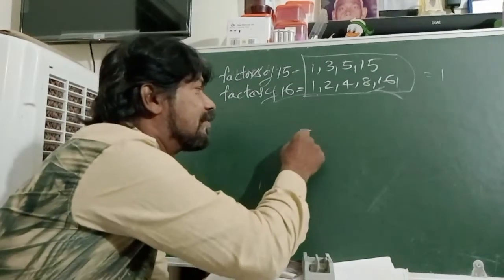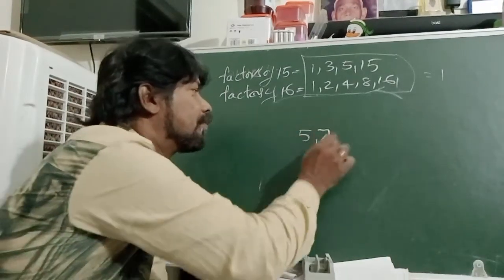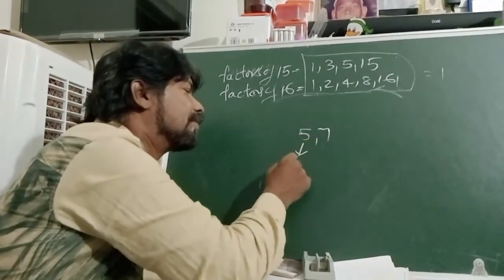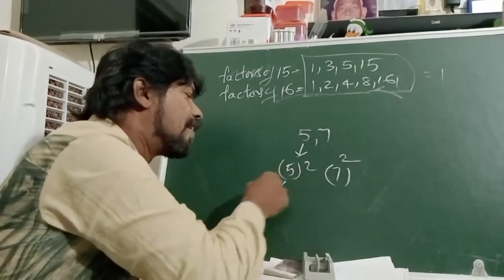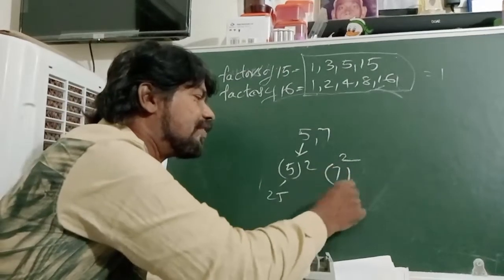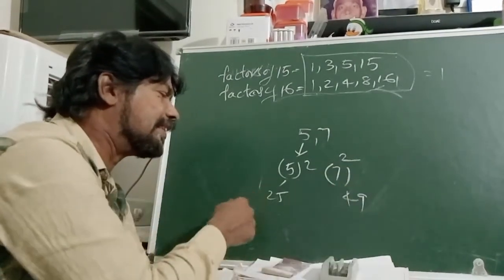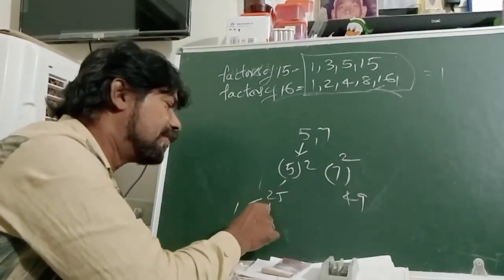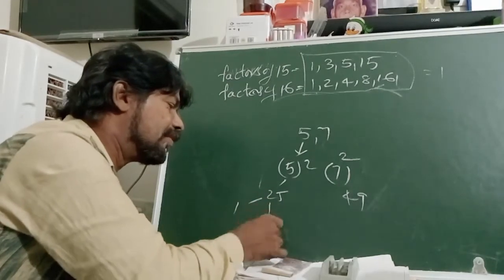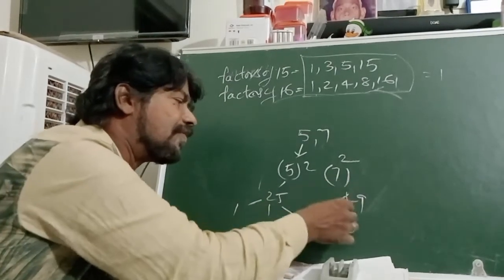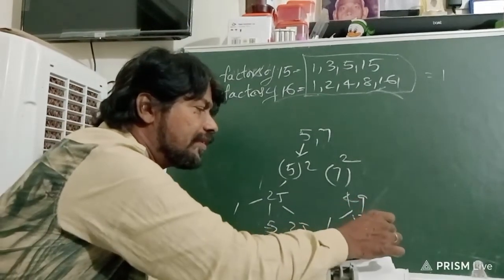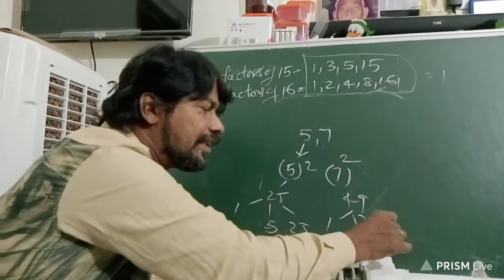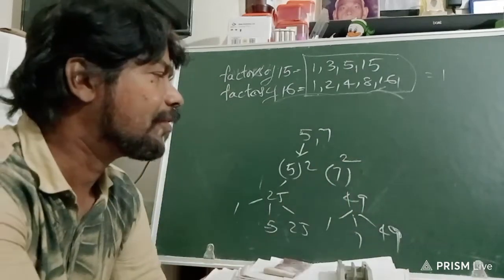Suppose we take 5 and 7. 5 square is 25, 7 square is 49. Factors of 25 are 1, 5, 25. Factors of 49 are 1, 7, 49.